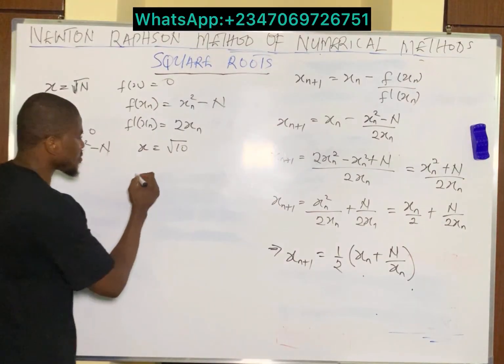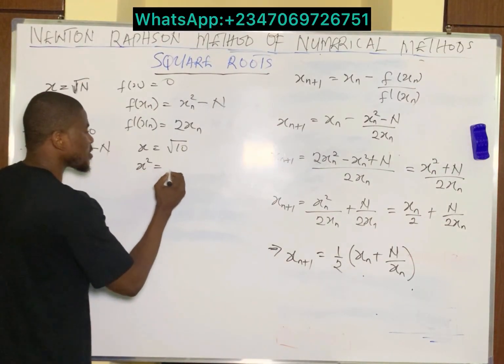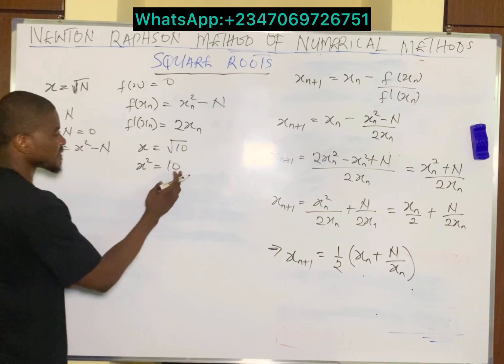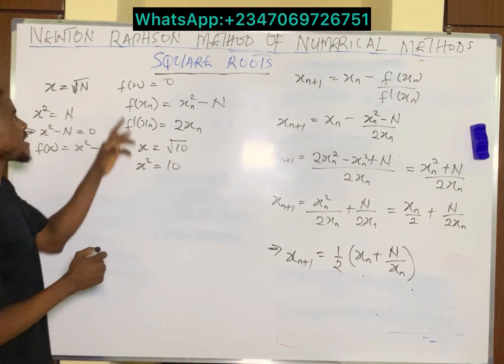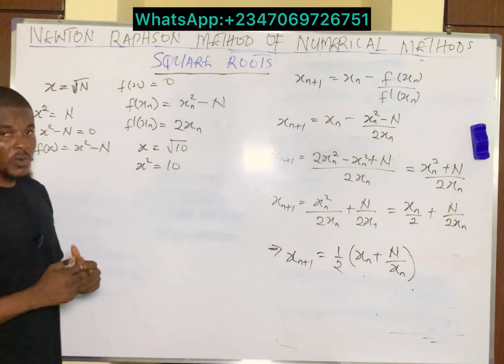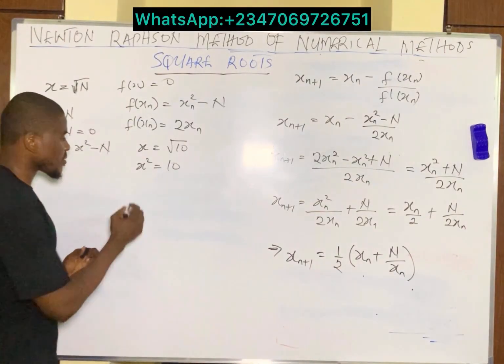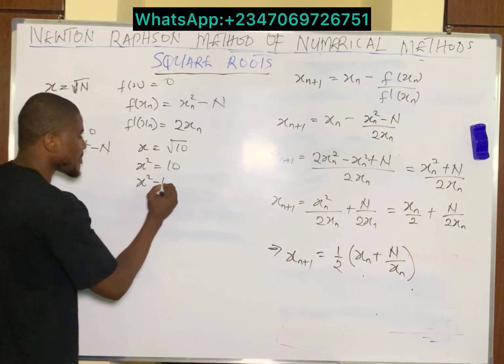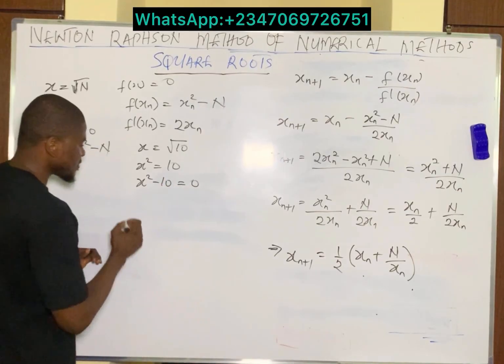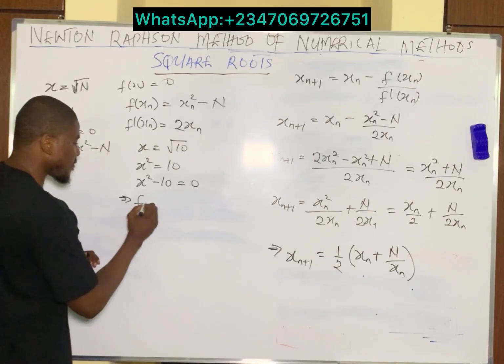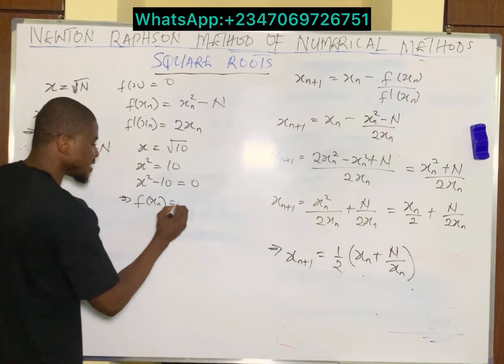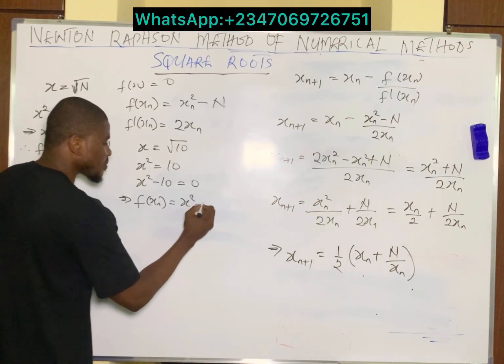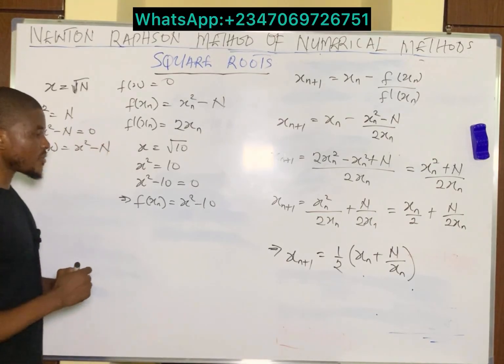If you do that, you're going to have x squared equal to 10. Now, simply send 10 over here so that the equation can be of the form f of x equal to 0. If you do that, you're going to have x squared minus 10 equal to 0. So this simply implies that my function f of x is now equal to x squared minus 10.